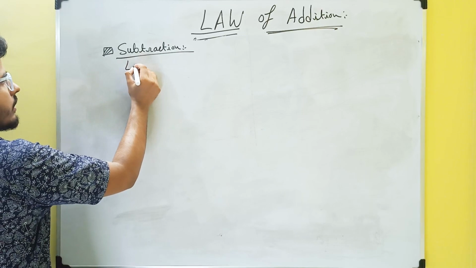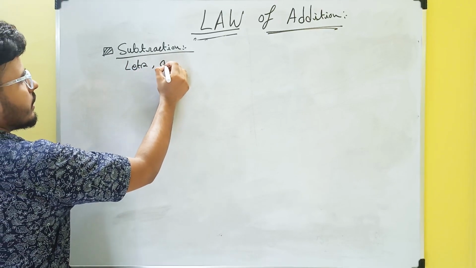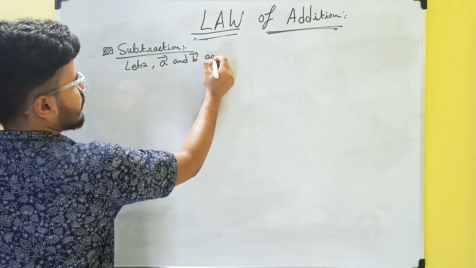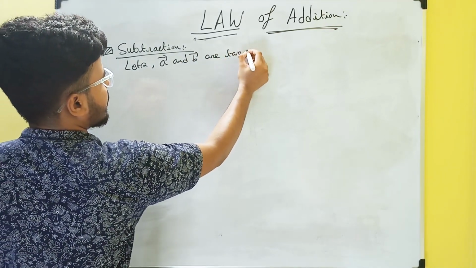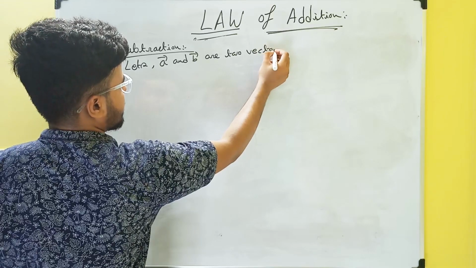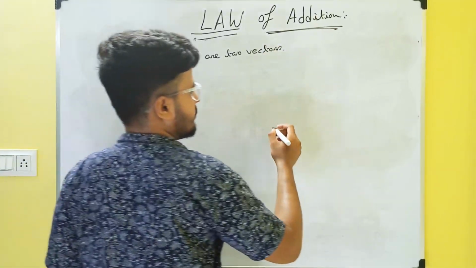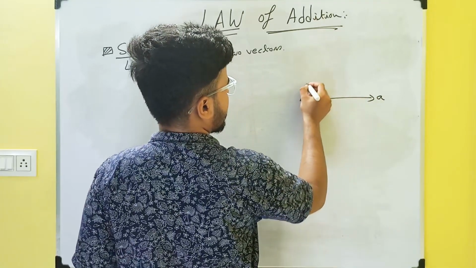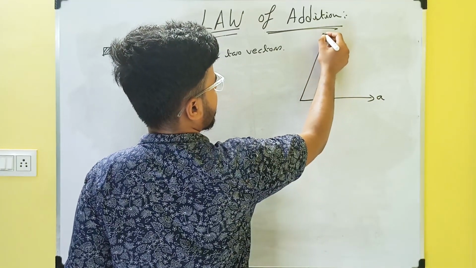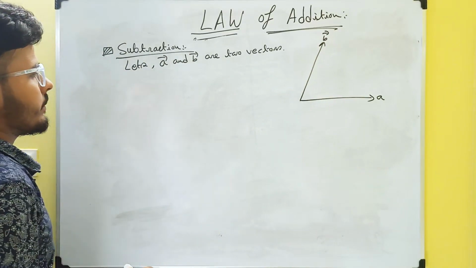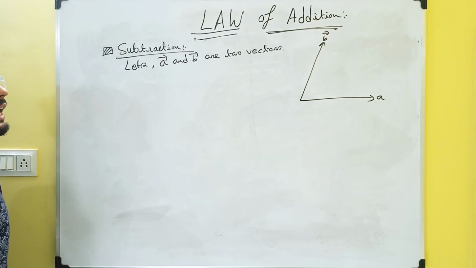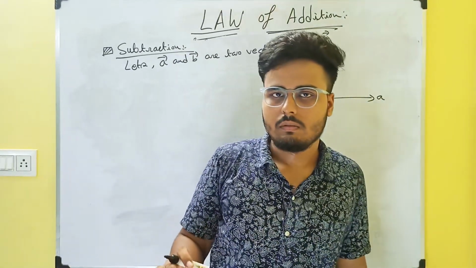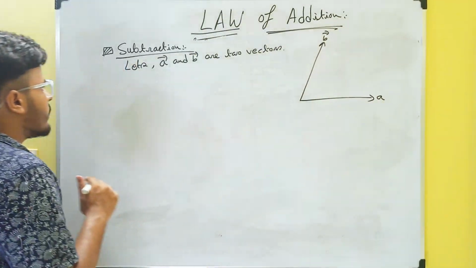Let's say A and B are two vectors. A vector, B vector. Now we have to measure or calculate A minus B. Basically, this is the subtraction.